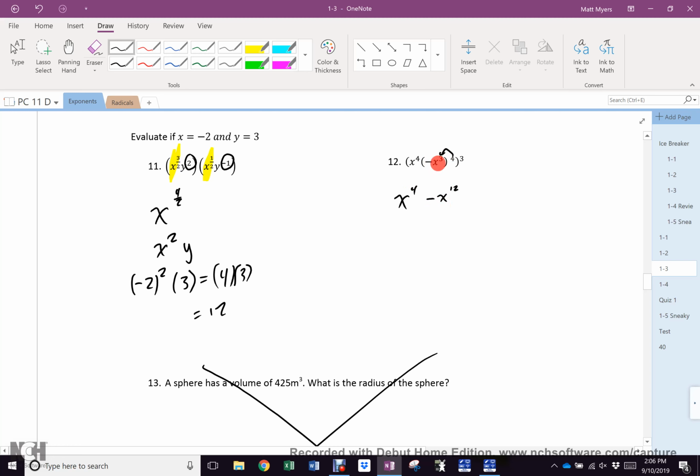So whatever x is cubed, then it's going to end up negative, right? And then all of that is cubed, right? Okay. So now what would you do with that 3? Bring it in to get x to the 12th and negative x to the what? 36th. Everybody cool?